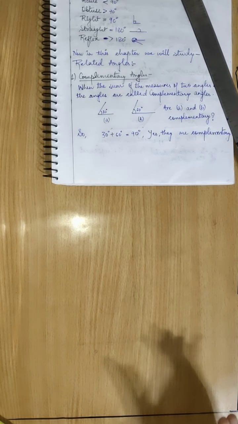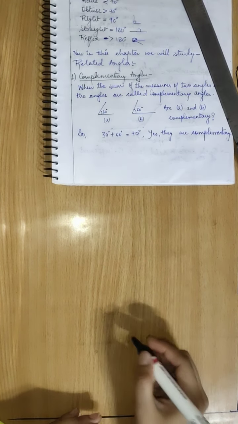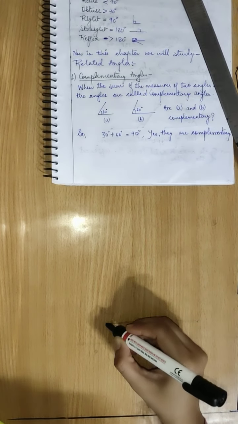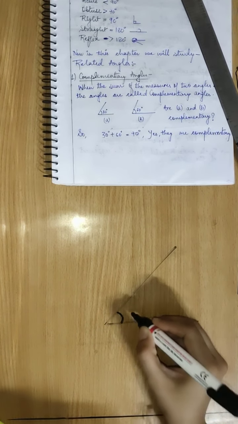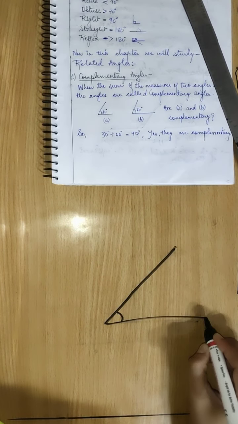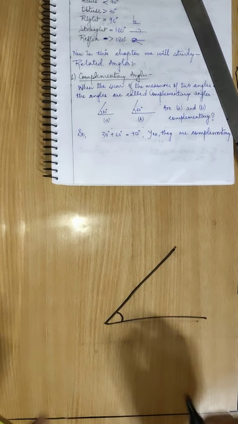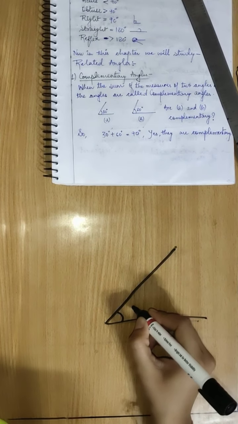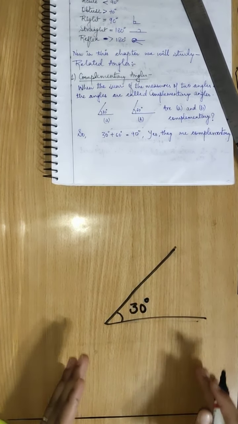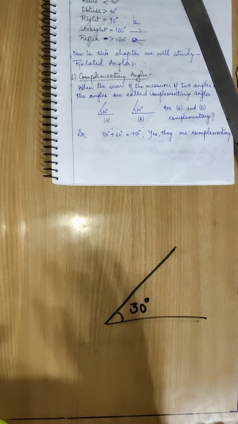For an acute angle, we have to see that it should be below 90 degrees. It can be any angle which is below 90 degrees. For example, this is 30 degrees, so this is an acute angle.